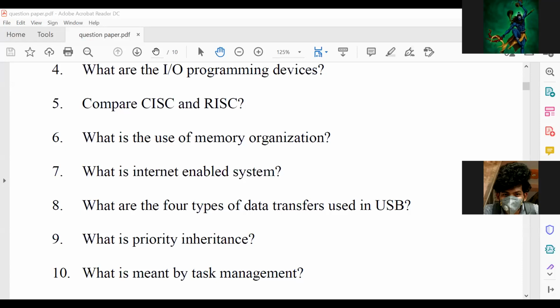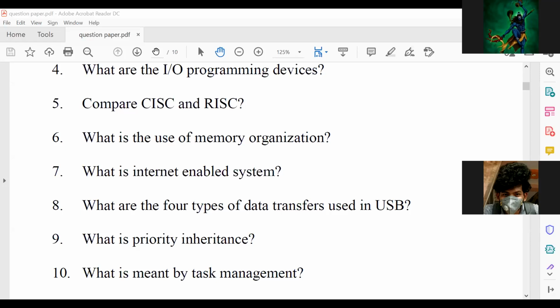Kishan, are you there? He'll come and join. Shiva Subramanian? Okay, all should be in the waiting room. See how the people were responding.